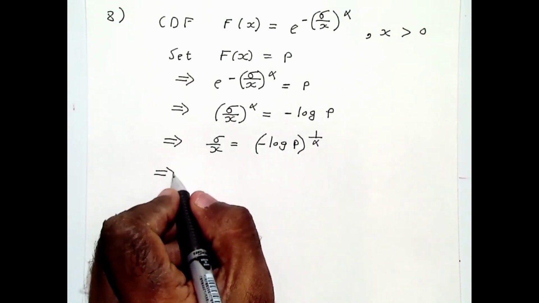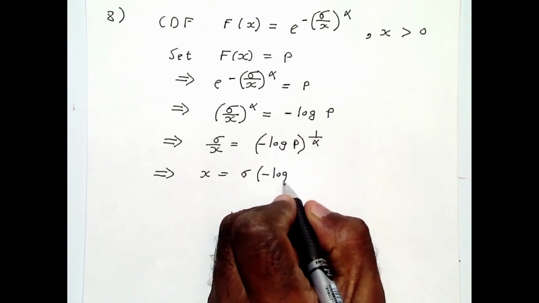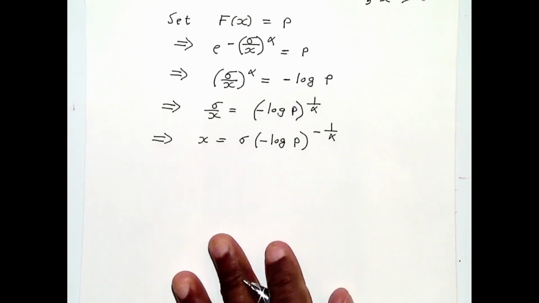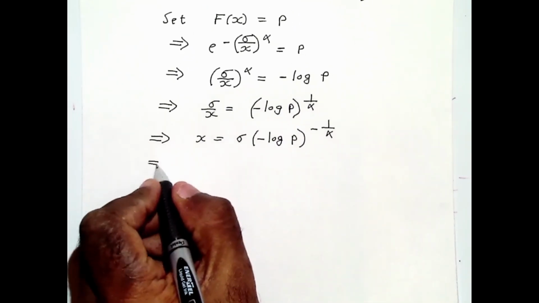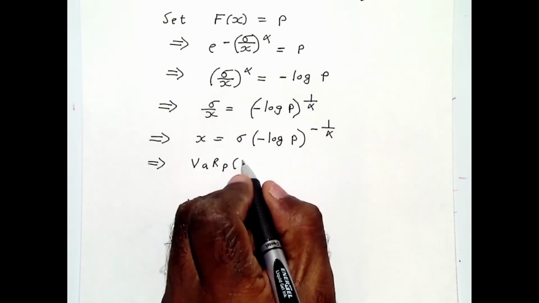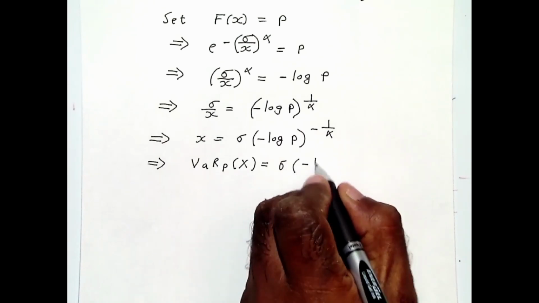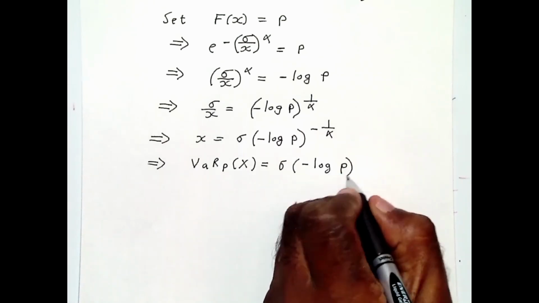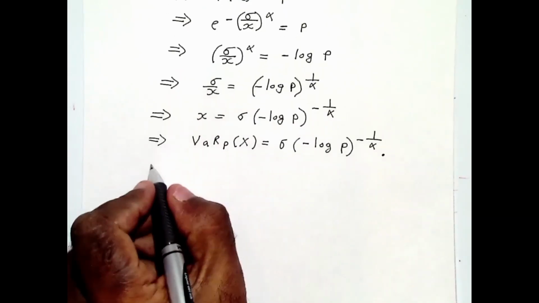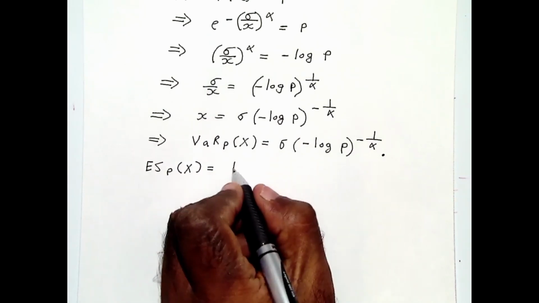So your x is equal to sigma times this. Okay, so hence the expression for VaR. Okay. Now in order to find ES, we use this formula.